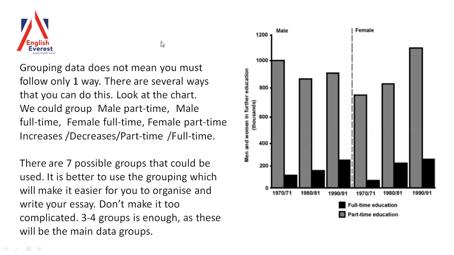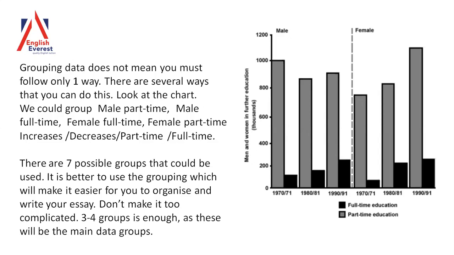So grouping data does not mean you must follow only one way. There are several ways that you can do this. For this chart, we have male part-time, male full-time, female full-time, female part-time, increases, decreases, part-time, full-time.